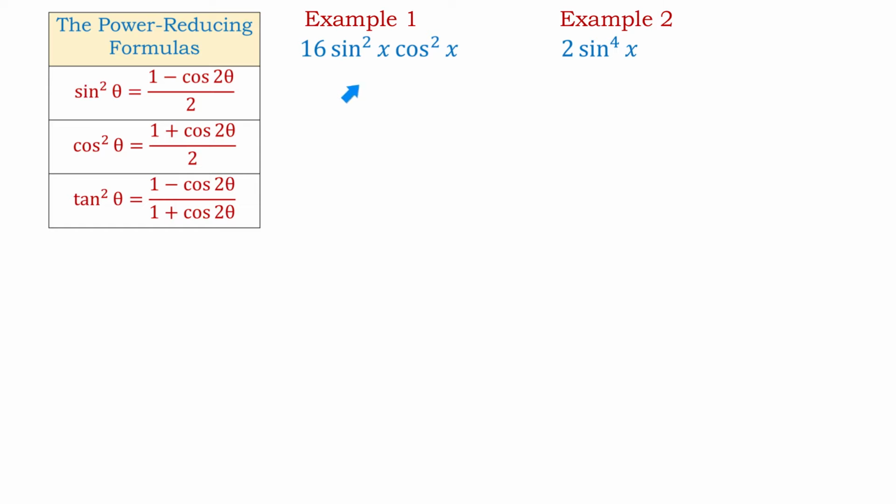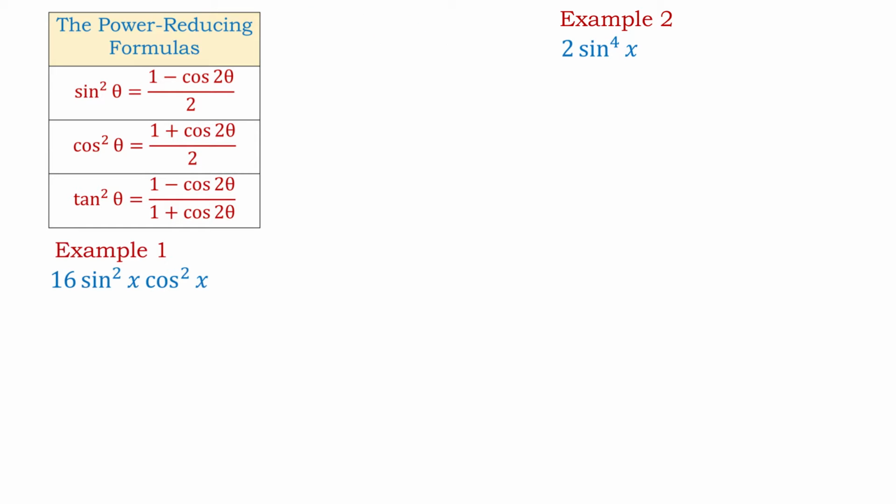I will start this example down here because these problems have a lot of steps and we need as much space as possible. So once we have this expression down here, we will replace sine squared of x with the first formula and cosine squared of x with the second.